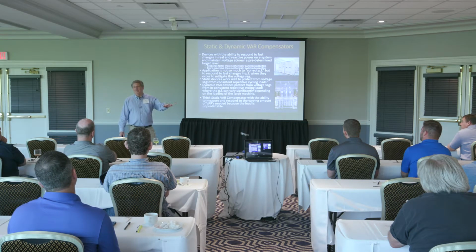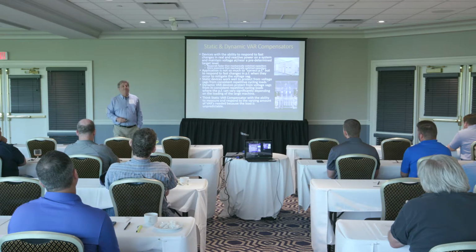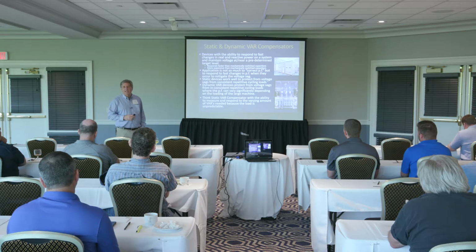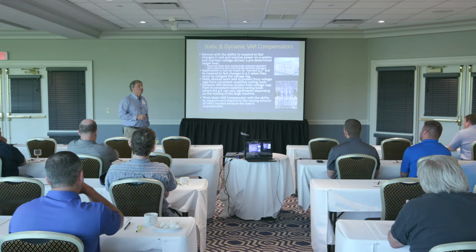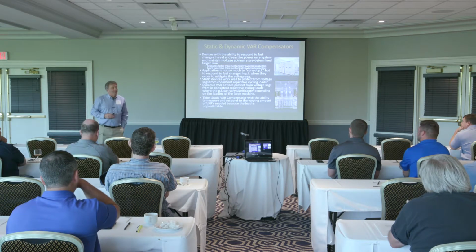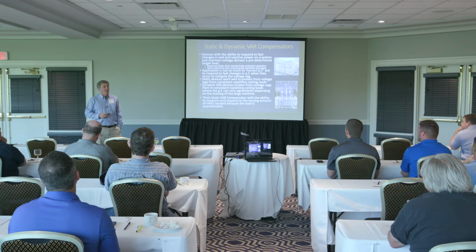It's not as big on the flimsy car. So now the dynamic VAR compensator can compensate for the different amounts of current each time the car crusher hits. There are lots of other loads like a car crusher that can do the same thing, but that's one that a lot of people can relate to in terms of why do we care.